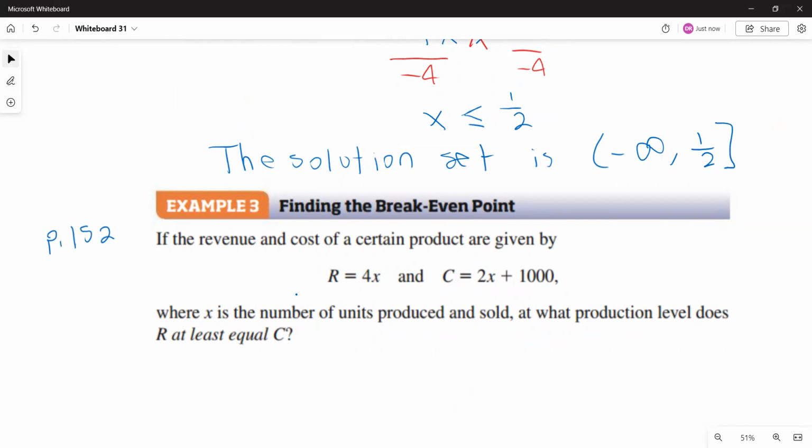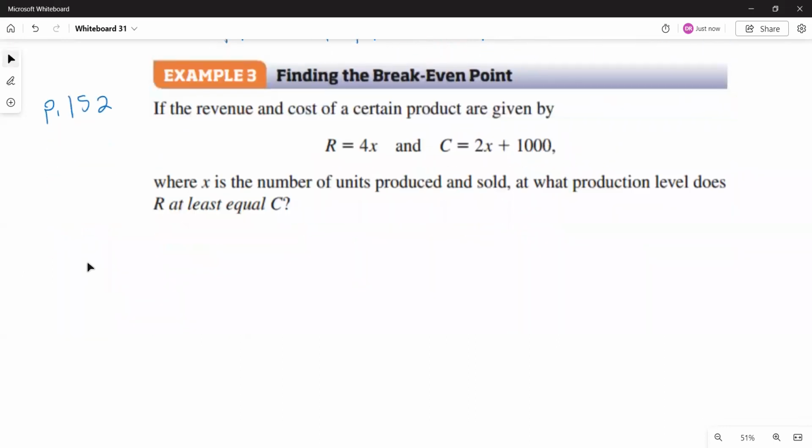If the revenue and cost of a certain product are given by the revenue is 4x and the cost is 2x plus 1,000, where x is the number of units produced and sold, at what production level does R at least equal C?